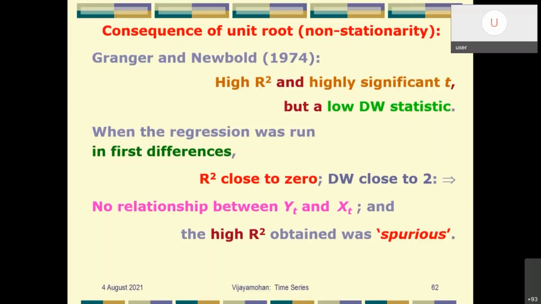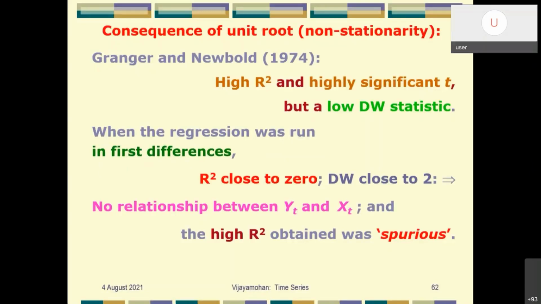Now what they did is they ran the regression in first differences. That is, they differenced both yt and xt, and we know by differencing they become stationary. When they regressed the differences, they got an R squared value close to 0 and the DW statistic close to 2, indicating there is no autocorrelation, the model is adequate.